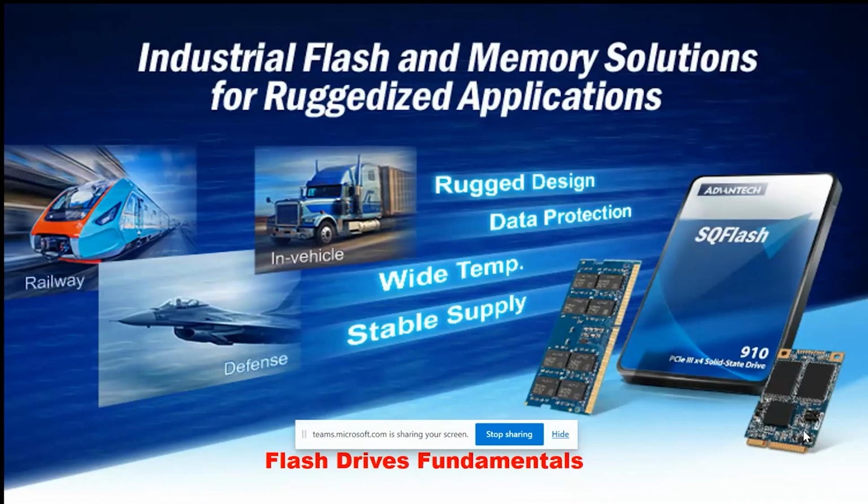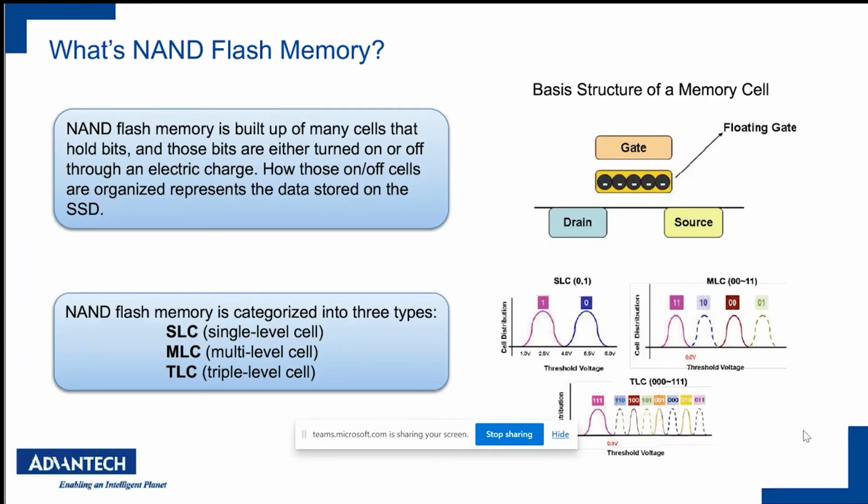Now, let's take a look at some of the fundamental concepts for flash devices. Flash drives are made of NAND flash memory. NAND flash memory is built up of cells that can hold bits, and such bits are turned on or off via electrical charge.